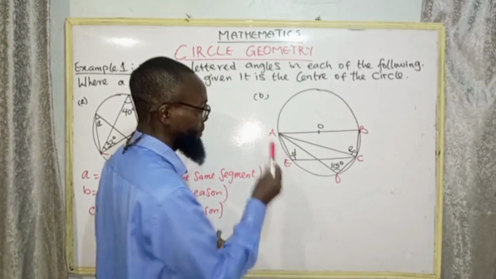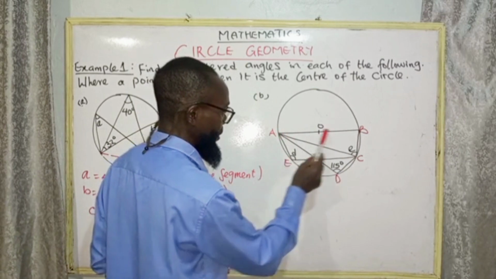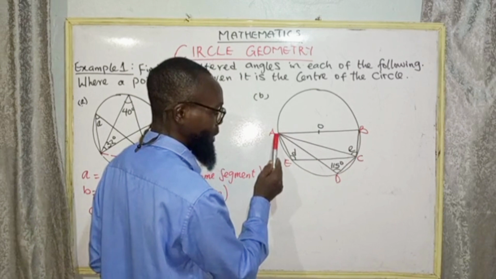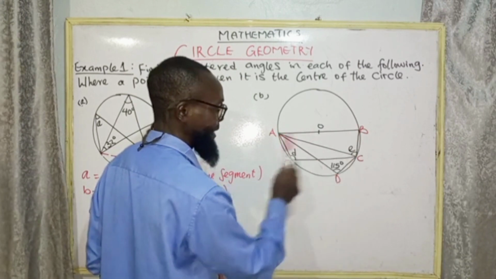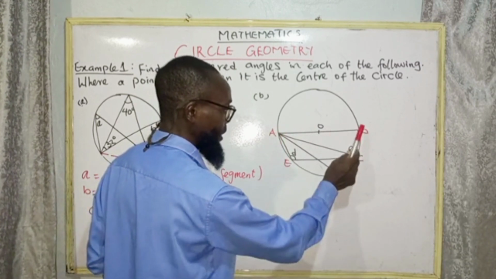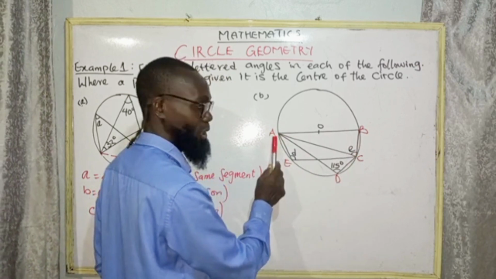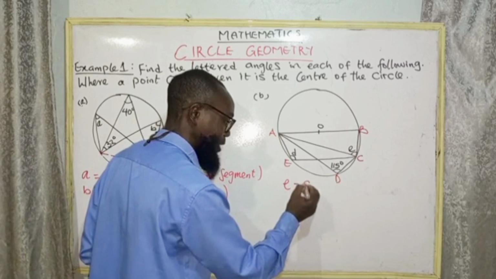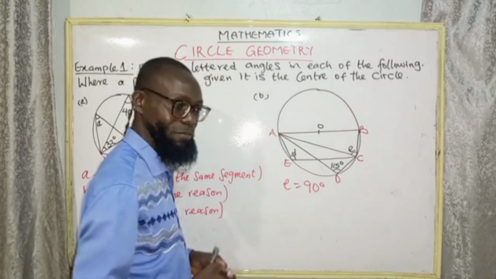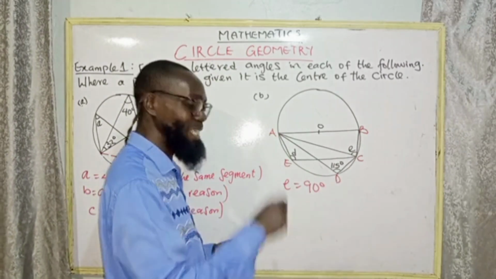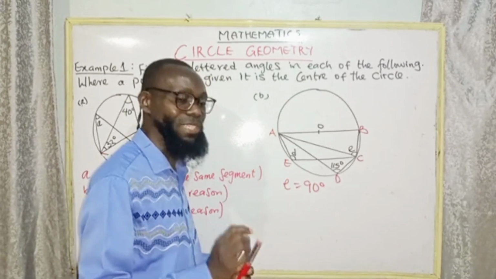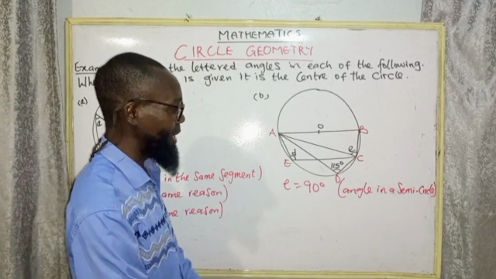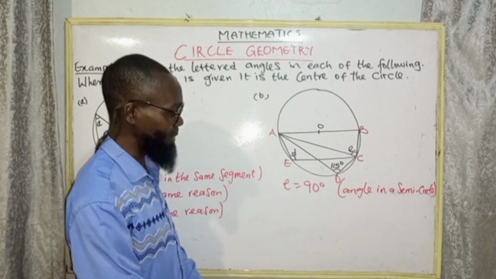Now, if I trace, look at this, A to B to C, back to A. So the triangle formed by this diameter is A to B, B to C, and C back to A, which means that angle E is going to be equal to 90 degrees. Reason, angle in a semicircle. Now, we've gotten our E to be 90 degrees, angle in a semicircle.